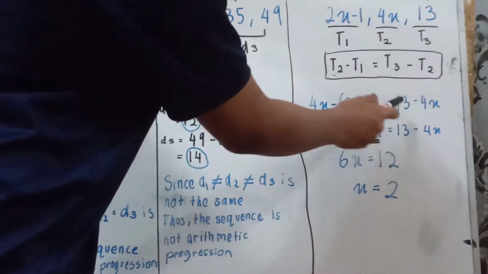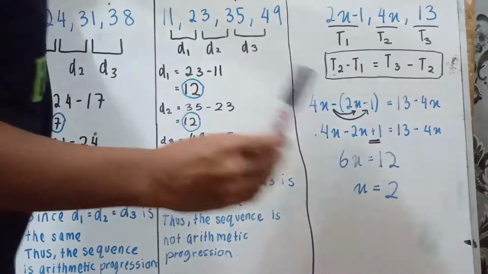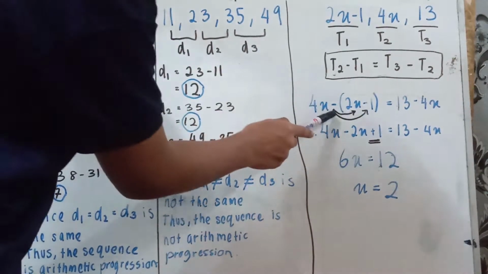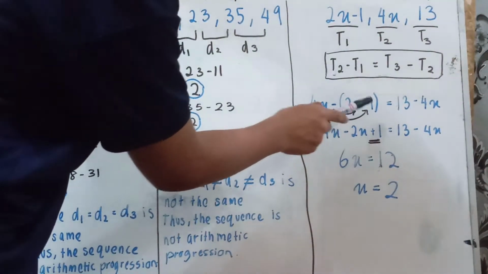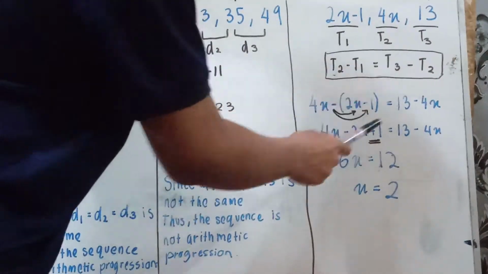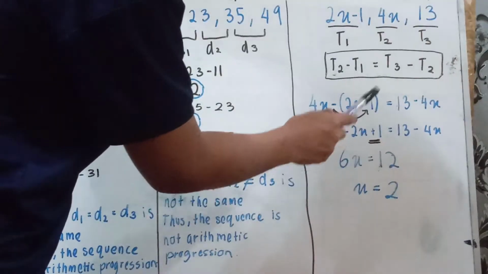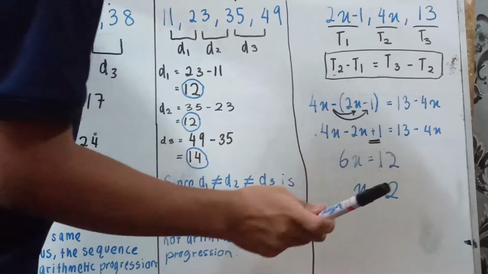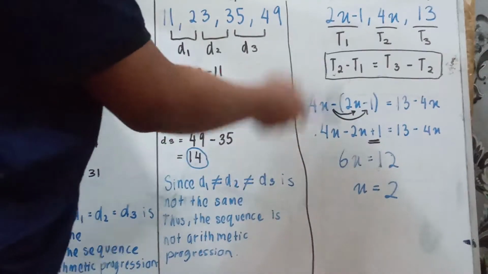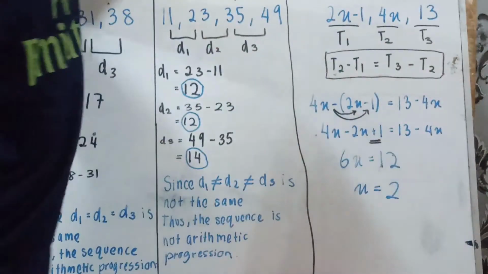Now you need to compare the two. This is quite tricky because when negative goes with negative, what do we get? Positive. Negative, negative, positive. That's why I get 4x minus 2x plus 1. The rest you can calculate and you will get the answer, which is 2.